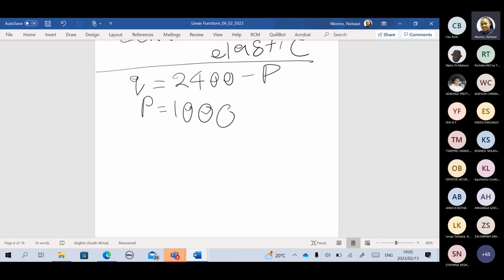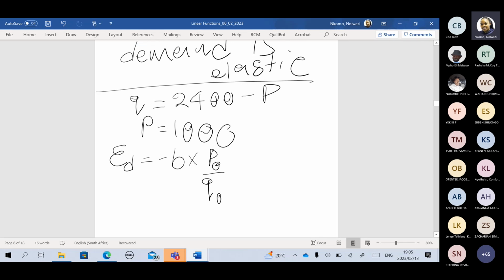And we said we'll use this equation to represent the elasticity of demand. This would be minus B times P naught over Q naught. If we look at this information, we can find our B here as minus 1, right?